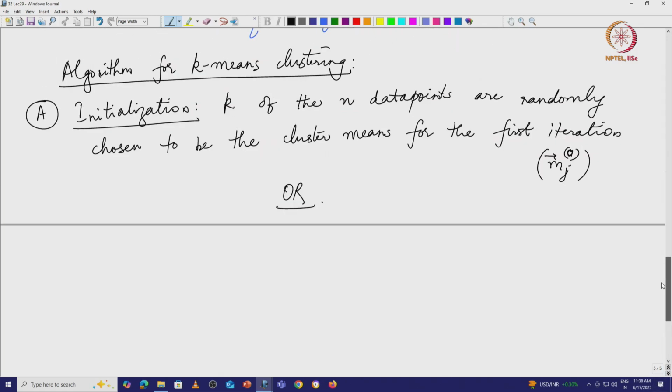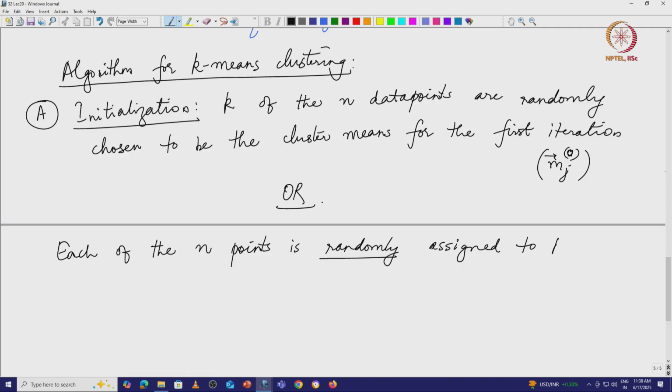The other way is essentially each of the n points is randomly assigned to one of k clusters, and the cluster means are computed.